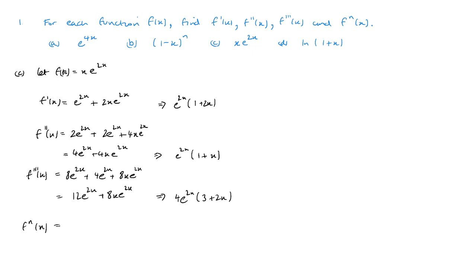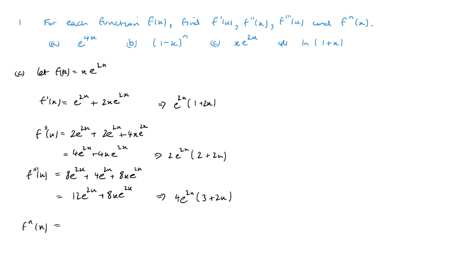Right, if I factorise out 2 here, there we are. So this pattern has gone, the 2x stays the same. This has gone 1 for the first derivative, 2 for the second derivative, 3 for the third derivative. And this has gone 1, 2, 4.